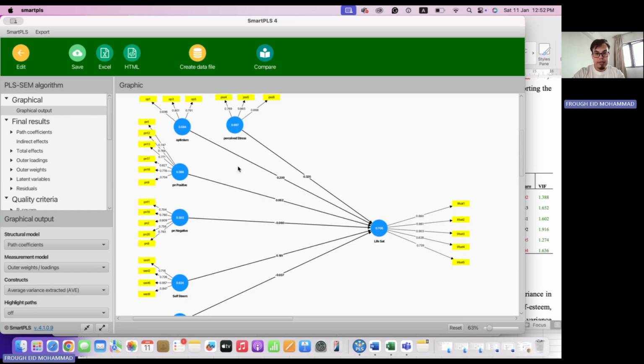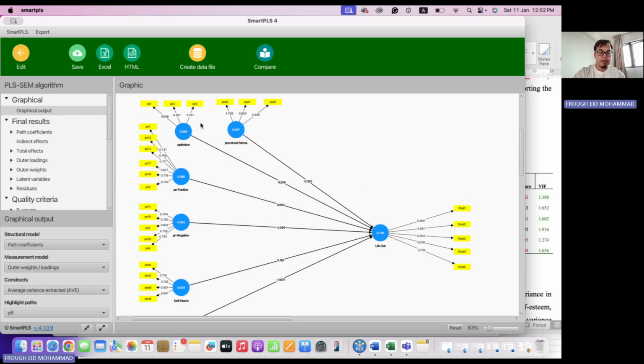I have already cleaned this data, and some indicators had low values. The value should be 0.7, and they were below 0.7, and even some were negative, so I removed them, and I got the AVE more than 0.5. It means that the indicators explain at least 50% of the construct.